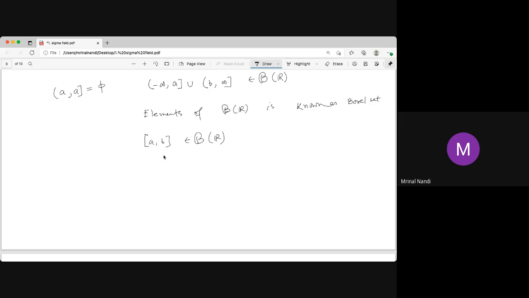You have to show that this type of set, a less than or equal to x less than or equal to b, can be formed using complements or unions of all these half open, half closed sets. Show this, and this is easy. If you take the intersection over n equal to 1 to infinity of the interval (a minus 1 by n, b], you will precisely get the closed interval. I have to show this. This check is homework.